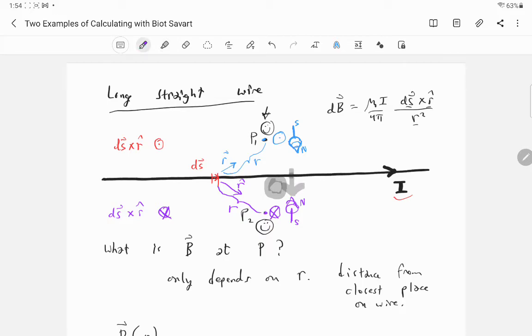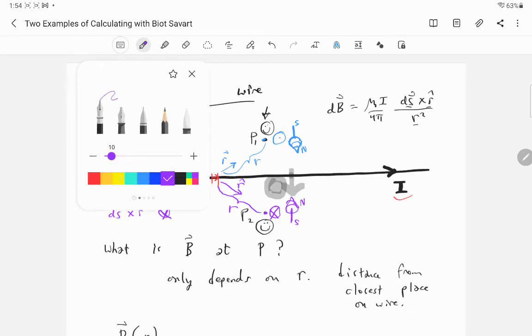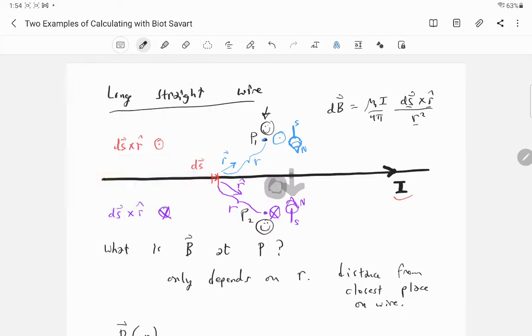And if you have a different person, I'll just draw them in black but small, who is actually behind the wire, they're going to measure a magnetic field upwards. So when you do ds cross r hat, you're going to get an upwards arrow.